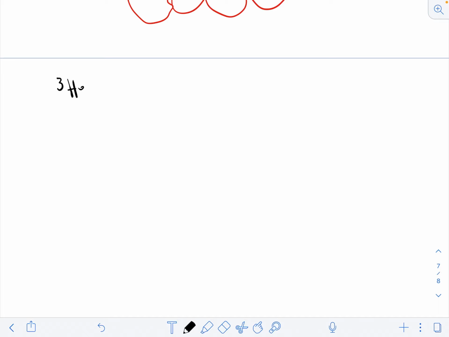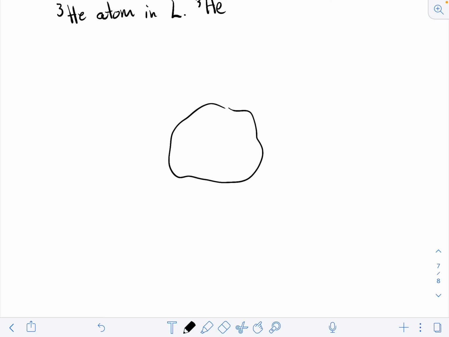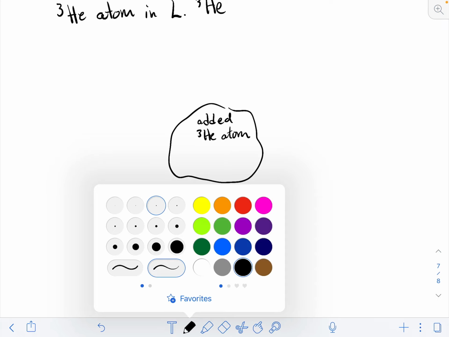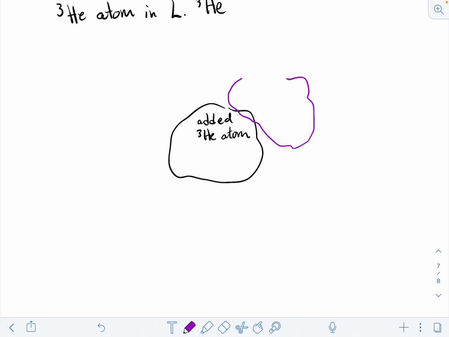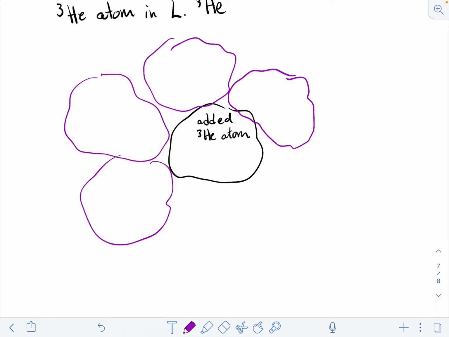If we draw a similar picture for helium-3, a single helium-3 atom added to liquid helium-3, you could probably picture what it's going to look like. This is our helium-3 atom, the one added helium-3 atom. And then it has a bunch of neighbors, and those neighbors are also helium-3 atoms. So they have bubbles that are about the same size, and so it's all these big, large bubbles.